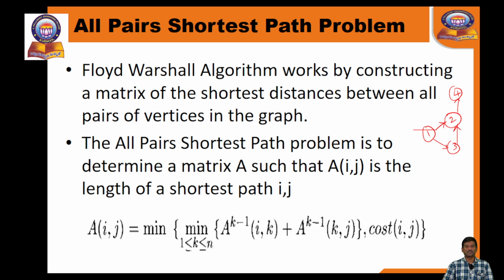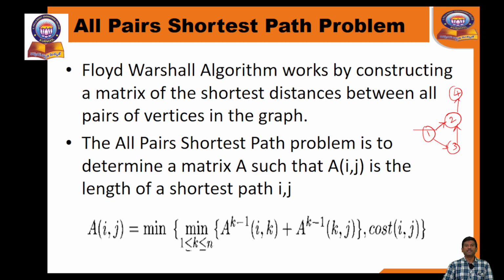According to the Floyd-Warshall algorithm, in order to compute the shortest distance matrix, represented by A, A of i j equals the minimum of A of k minus 1 of i comma k plus A of k minus 1 of k comma j, and the cost of i comma j.